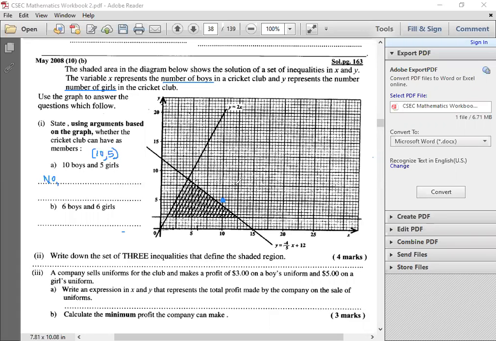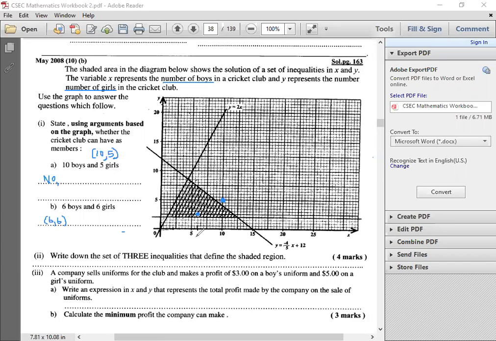Right? So let's look at 6 boys and 6 girls. Find if (6, 6) falls within the shaded region. Yes, sir, it does. Where is it, right here, sir? Right here, so it is.